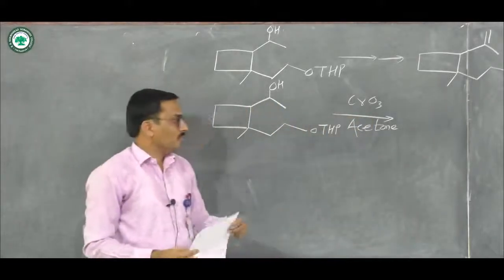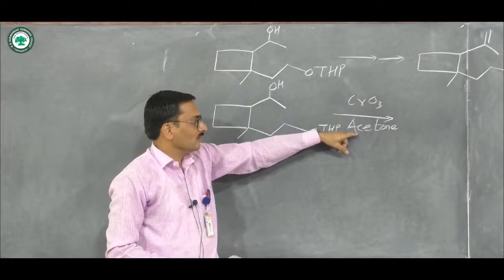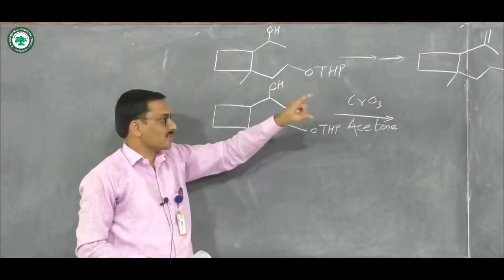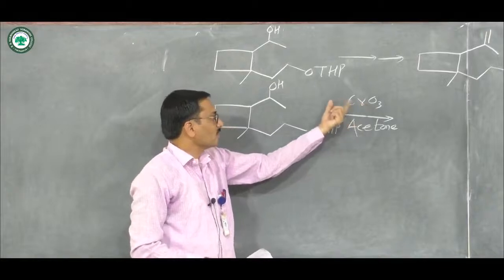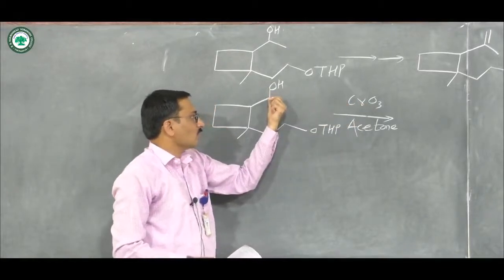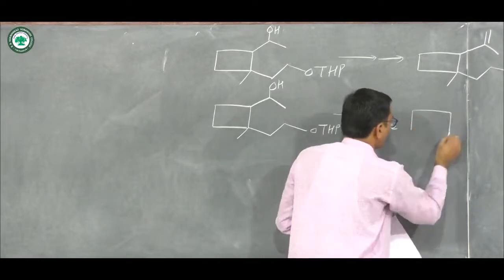In the first step, we use CrO3 in the presence of acetone. So here we use an oxidation reagent. This CrO3 brings the conversion of this alcohol into the corresponding ketone. So this is the first step, that is the oxidation step.